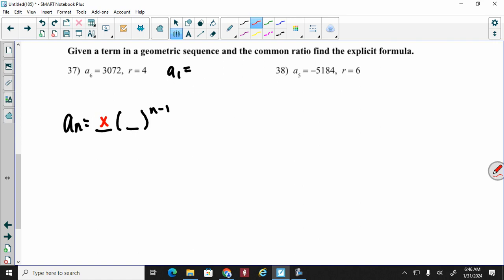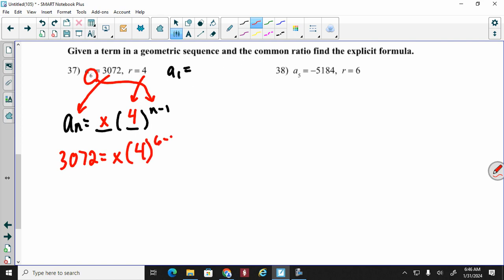My 4 goes here because that's my ratio. And 3,000 goes here, little 6 goes there. So 3072 is equal to x times 4 to the 6 minus 1 power. Now, this 6 minus 1, guys, go ahead and mentally solve it. It's 5. So it's x times 4 to the 5th power.